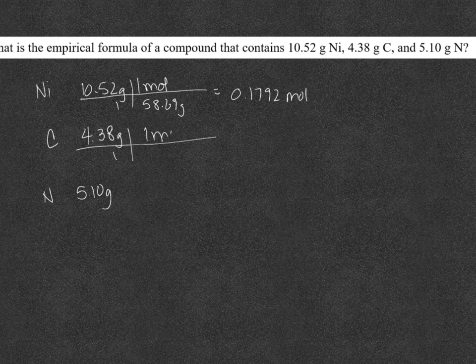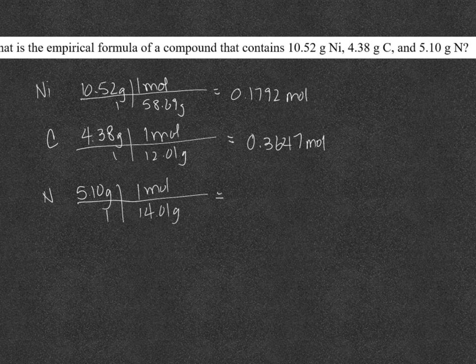Carbon, 1 mole is 12.01 grams. And I get 0.3647 moles. Nitrogen, 1 mole, 14.01 grams. And I get 0.3640. Now I divide by smallest. So 0.3640.